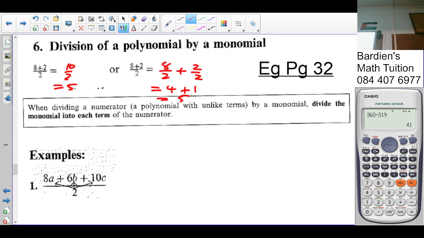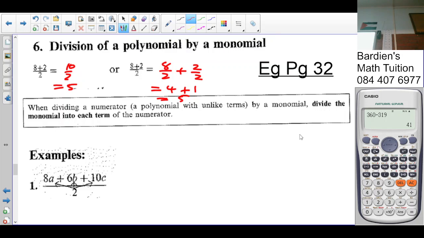So the note that I wanted you to write down yesterday was we're dividing a numerator, a polynomial, with unlike terms by a monomial. So you guys know what a monomial is, no? What's a monomial? There's one term. Monomial, one term. Binomial, two terms. Trinomial, three terms. Then a polynomial is an expression that has 4 or more terms in it.